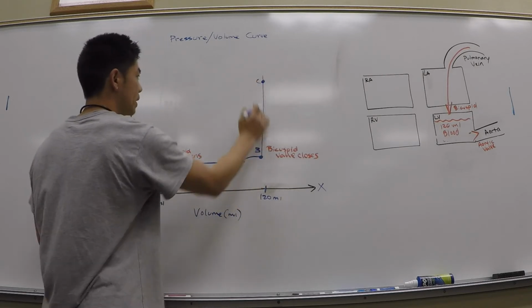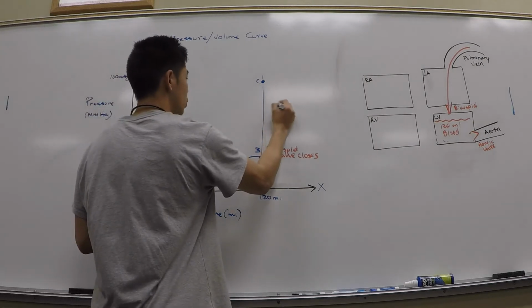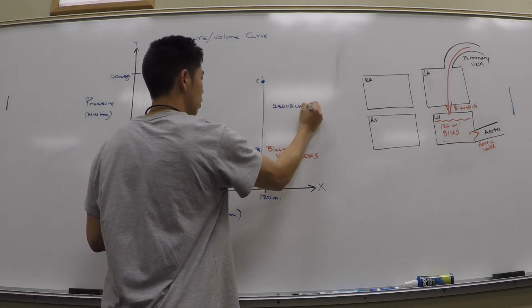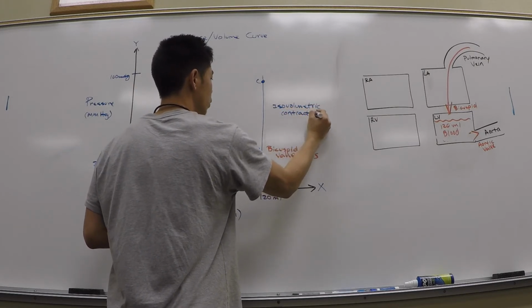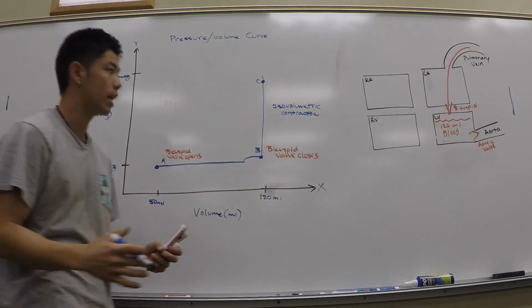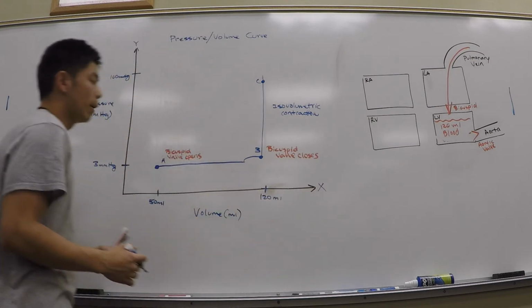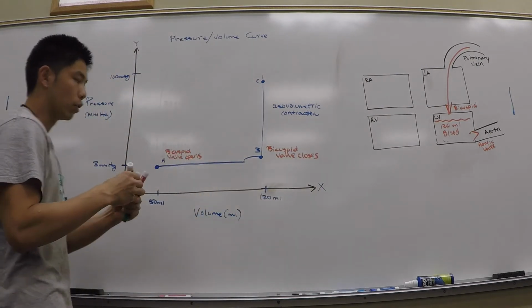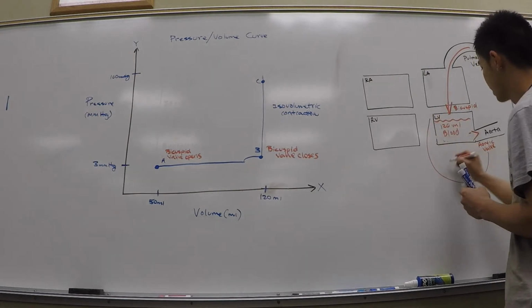From point B to point C, we're going to go through something known as isovolumetric contraction. Isovolumetric contraction just means that our volume is going to be staying the same, so no blood is coming in or leaving. But our muscle, which surrounds this left ventricle, is known as the myocardium.